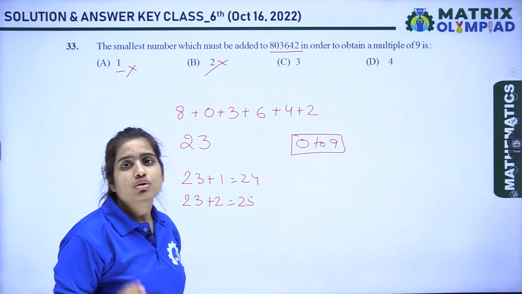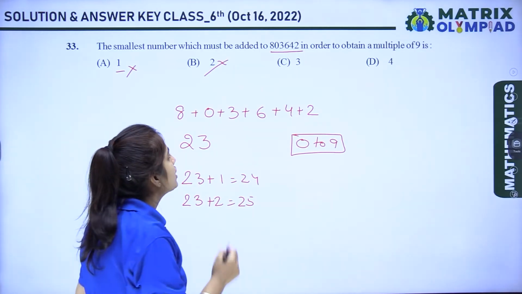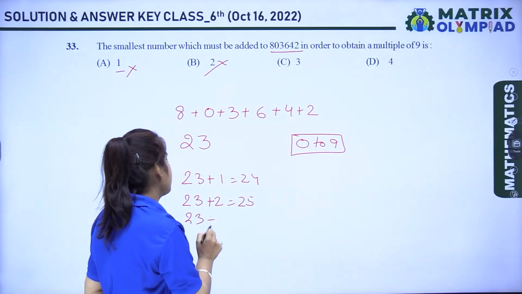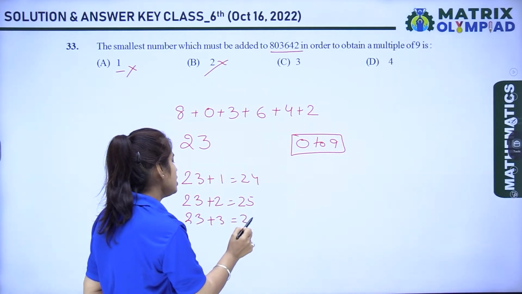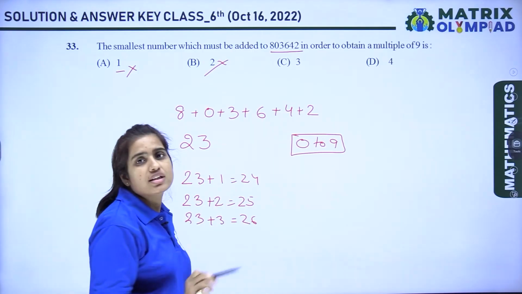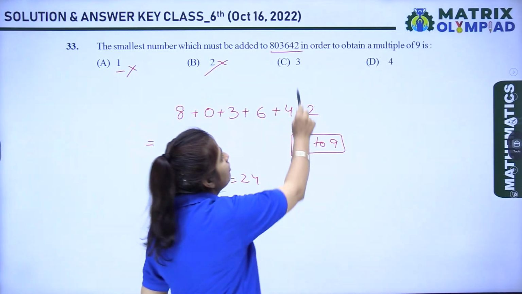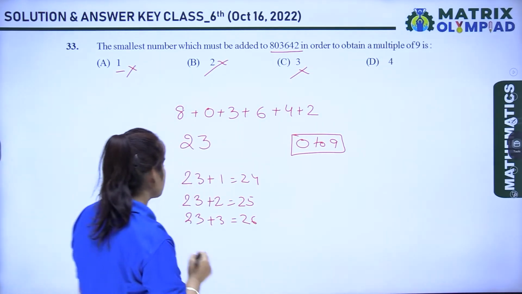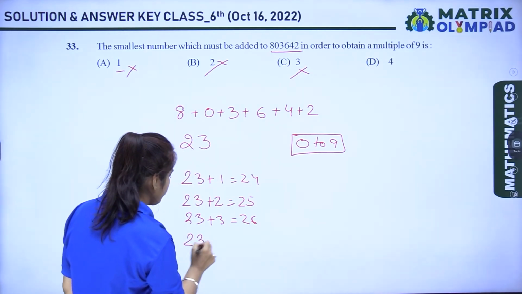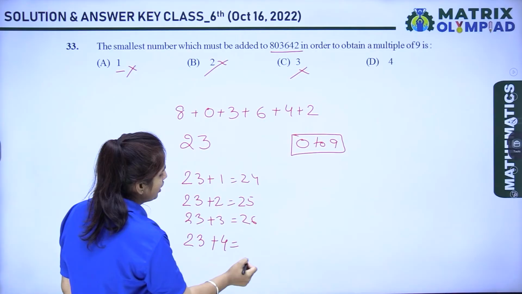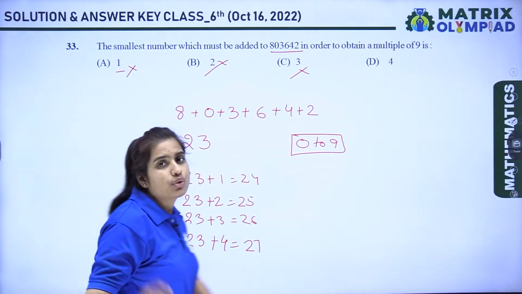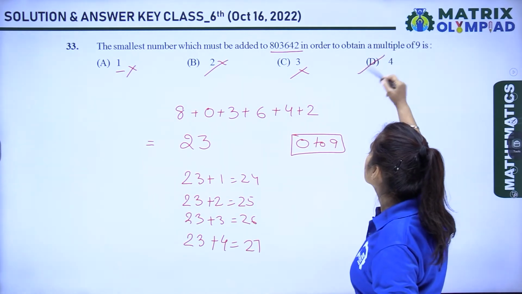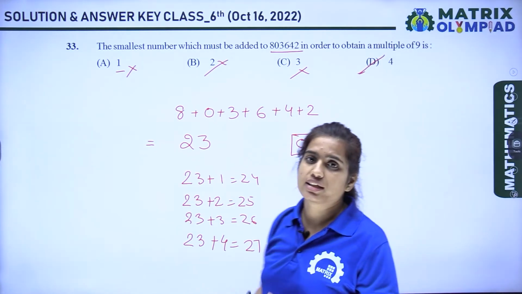Option C: 23 plus 3, we get 26, which is also not a multiple of 9. So option C is also incorrect. The last option is option D: 23 plus 4. Here we get 27, and 27 is a multiple of 9. So option D is the correct answer.